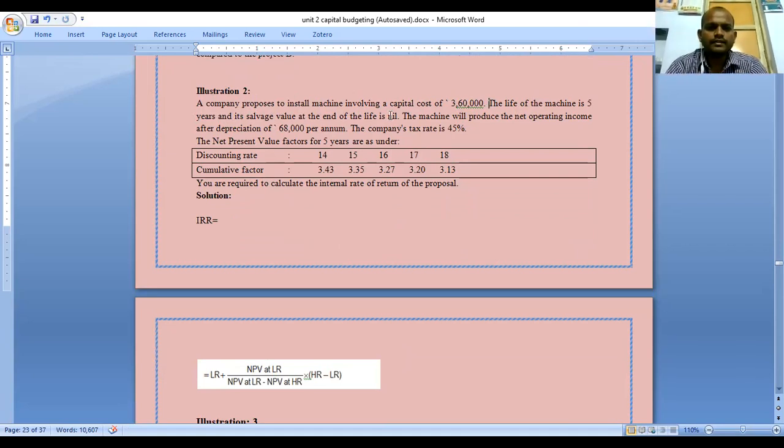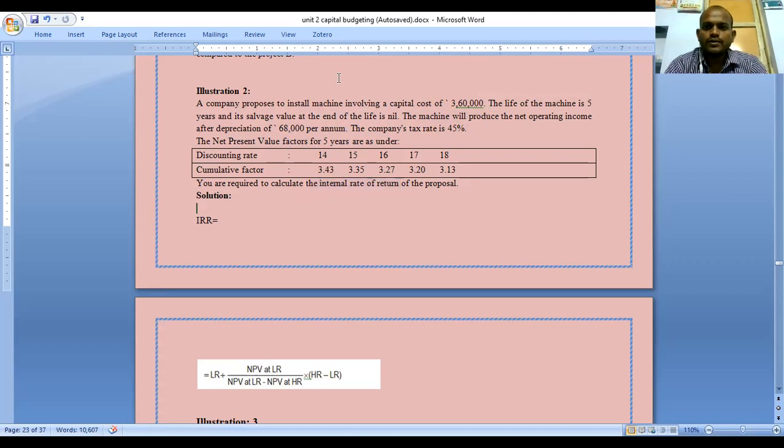The mission will produce net operating income after depreciation of rupees 68,000 per annum. The company's tax rate is 45%. Net present value factors for 5 years are as follows. You are required to calculate the internal rate of return of the proposal.